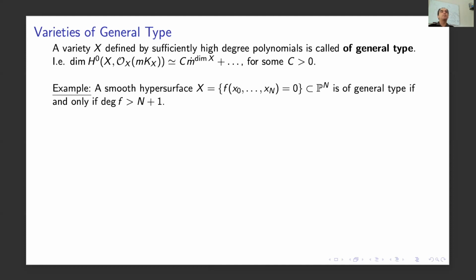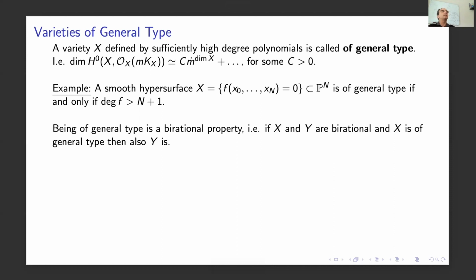Then what it means to be of general type is that the degree of f is greater than n plus 1. So it's a very simple definition. And you see that if you agree with this definition, then most of the smooth hypersurfaces will be of general type, because if f is a random polynomial, then for sure it will have degree greater than n plus 1.